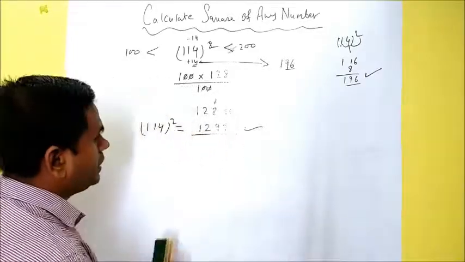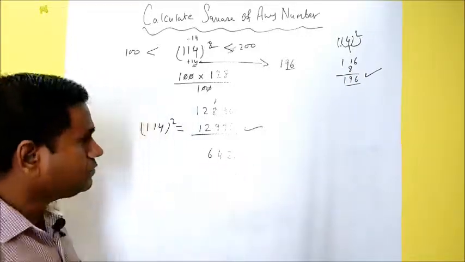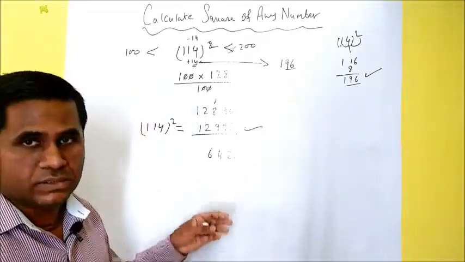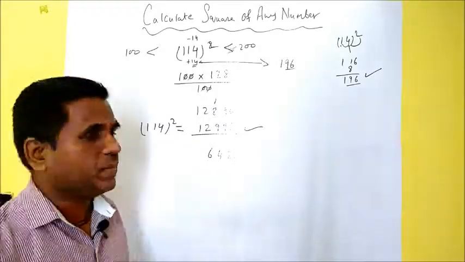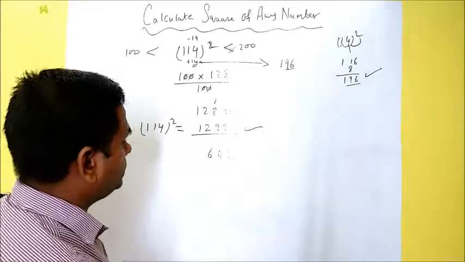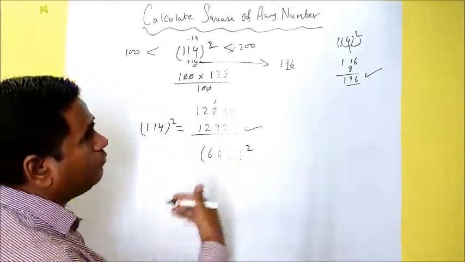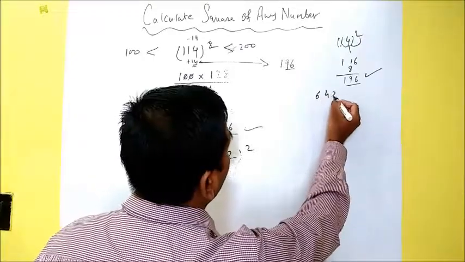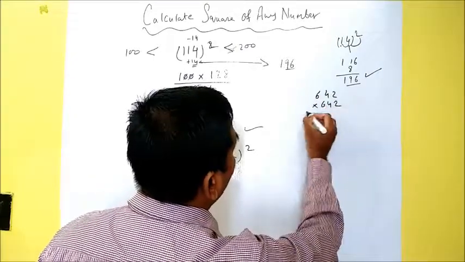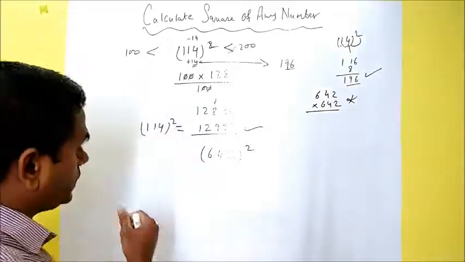Let's say you take 642. So 642 is in between, right? Close to 650. How to calculate the square of 642 without using 642 into 642? We will use this method itself.